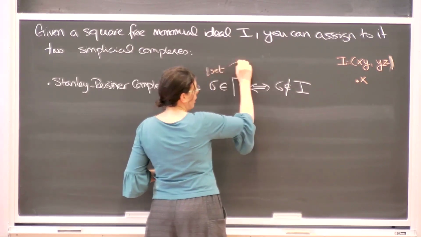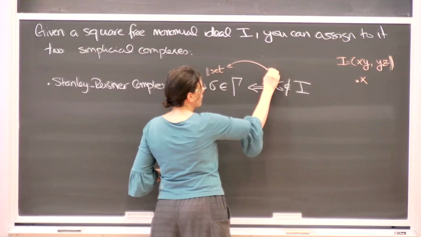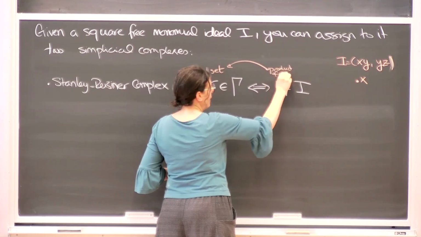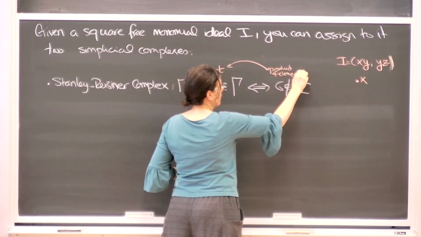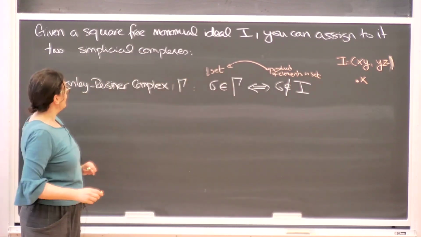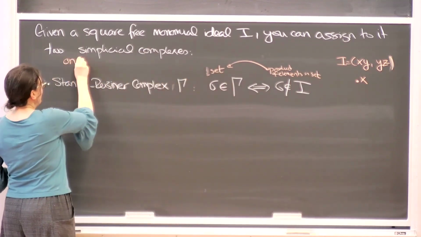And here sigma not in I means the product of elements in the set. And this vertex set matters.